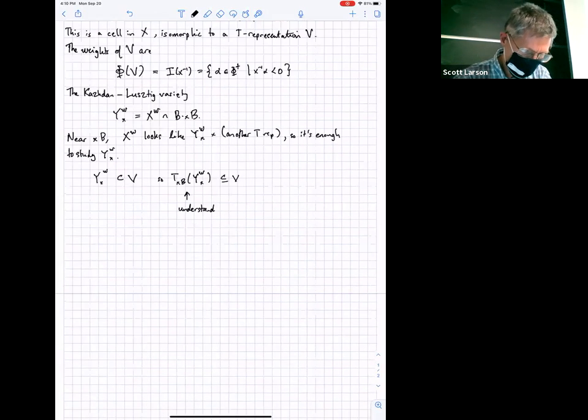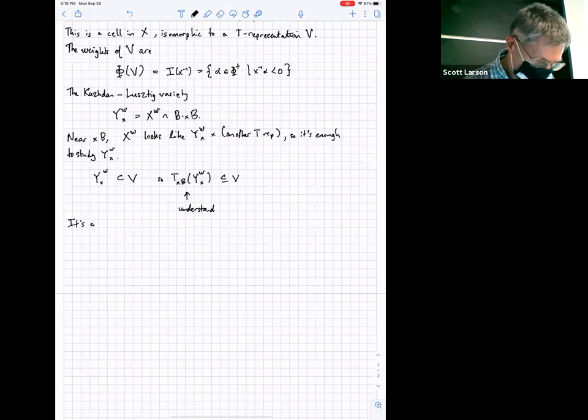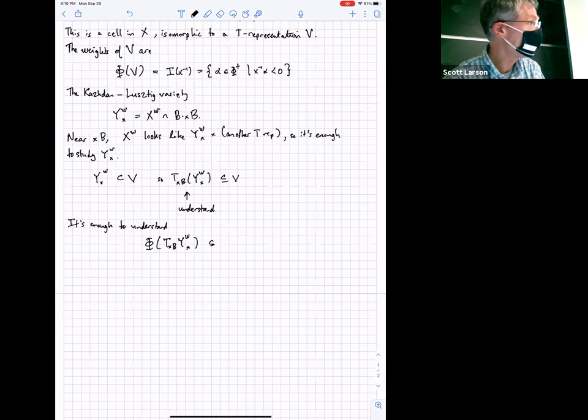Because this is a T representation, it's really enough to understand the set of weights of this T representation, which is a subset of the set of weights of V, which is just a subset of this inversion set of X inverse.